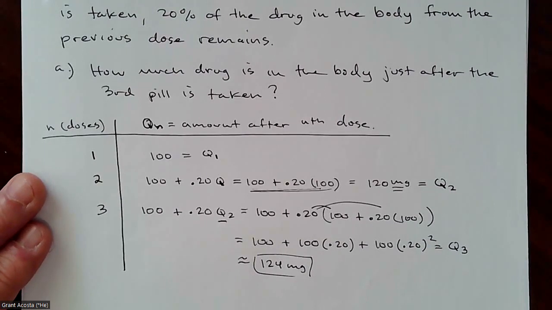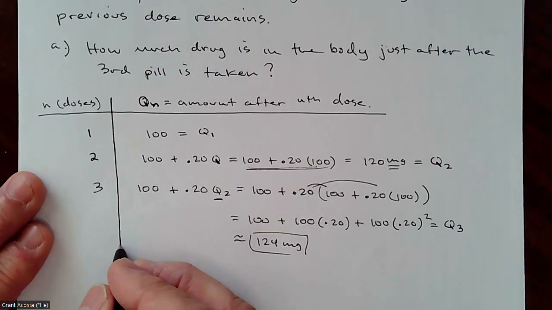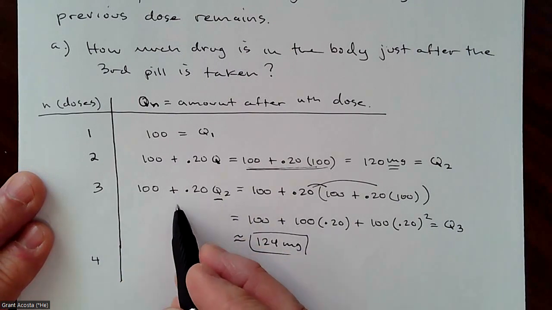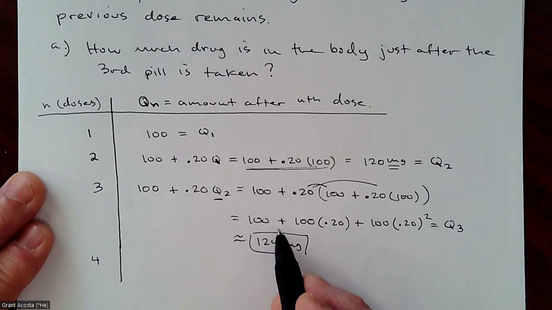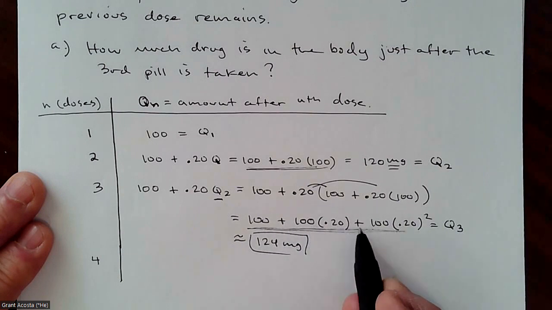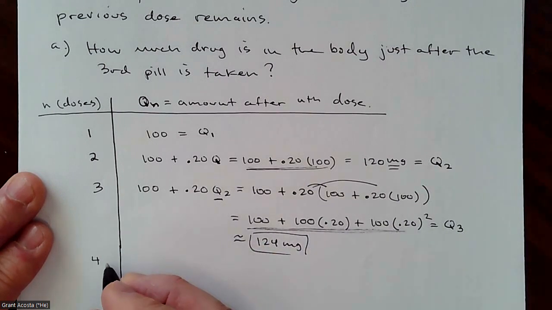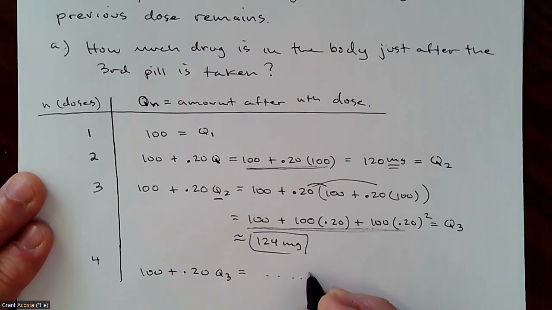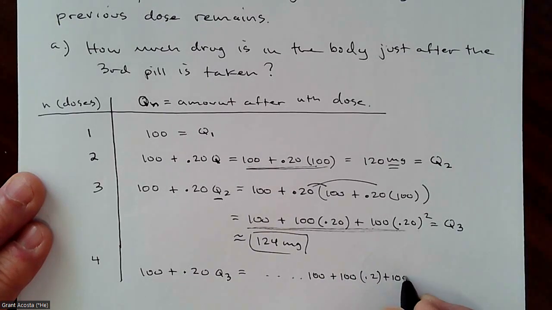But what you want to notice here is if you keep going, if you do your 4th dose and do it the same way and actually simplify it, perhaps you should try this, but notice there's sort of a pattern here, right? 100 times 0.2, 100 times 0.2 squared. If you do the same thing for your 4th dose, which would be 100 plus 0.2 times Q3, and simplify it, you are going to get 100 plus 100 times 0.2 plus 100 times 0.2 squared, and then 100 times 0.2 cubed.